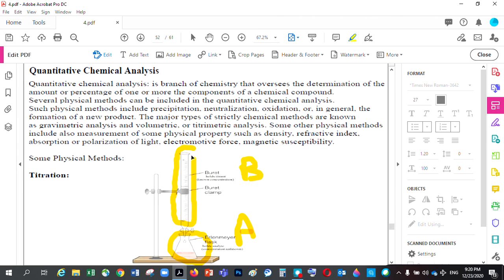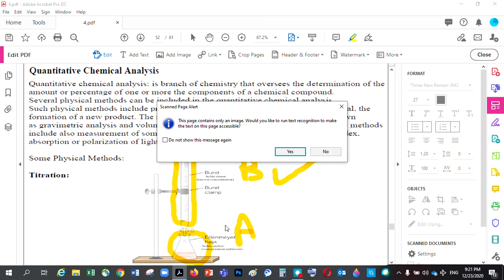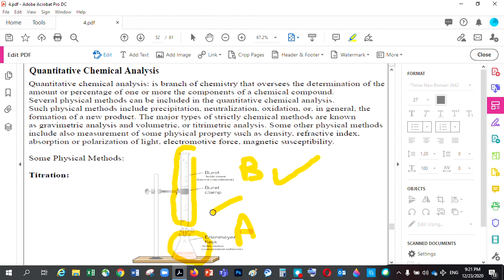I worked with the very exact concentration of the base. So the base has a known concentration, but I have to determine the exact concentration of the acid. Titration is used not only for acid-base, it's used even for other reactions, for other compounds as well.